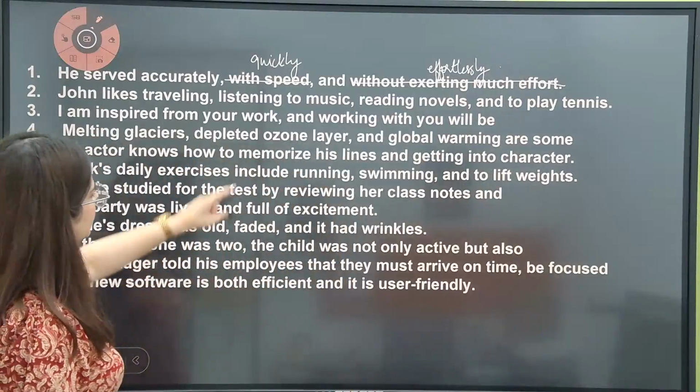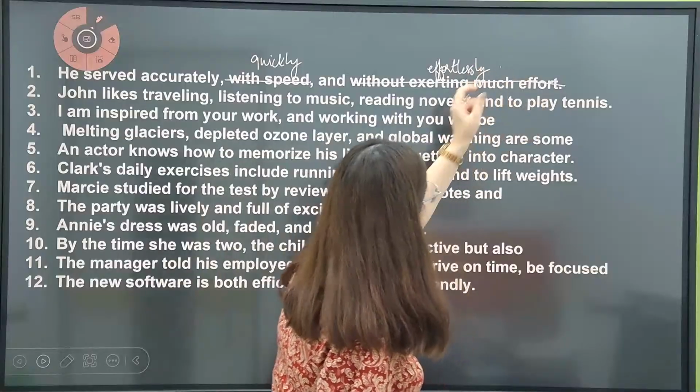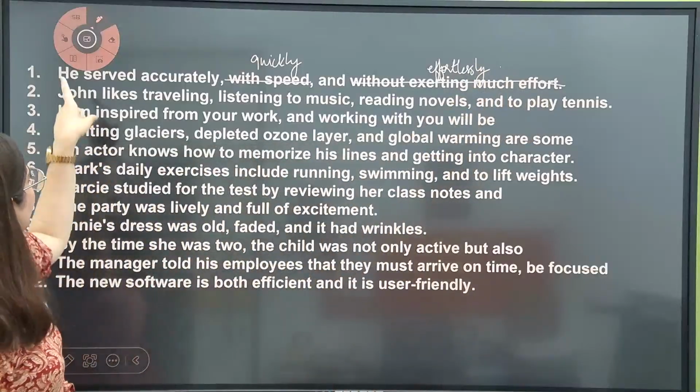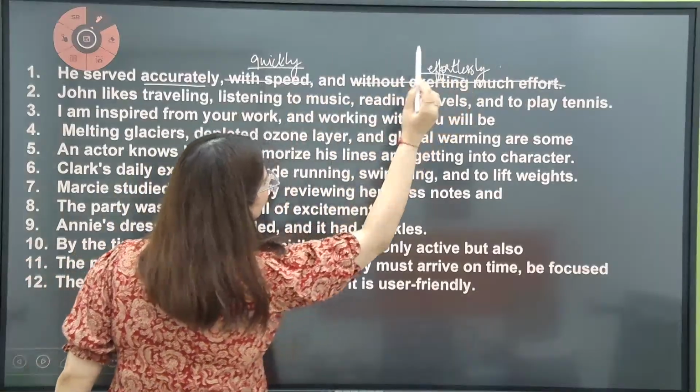I can replace with speed by quickly and without exerting much effort by effortlessly. So he served accurately, quickly, effortlessly.